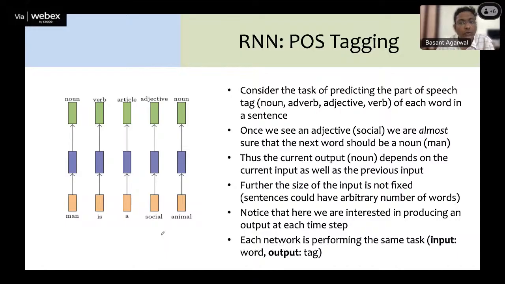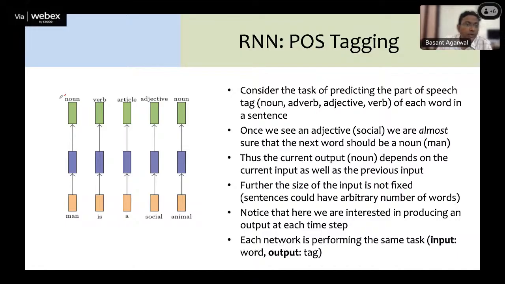And what we want to do is predict the part of speech of each word. Okay. So given these words, first we'll check what are the attributes or characteristics which we want to take care of. First thing is that all the functions should do the same task.